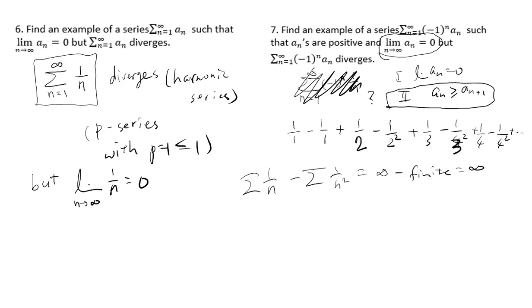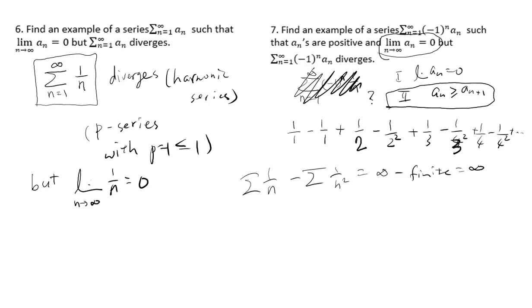And another thing that we see is that this violates the second condition because 1 over 2 is less than 1 over 1, but over here 1/3 is bigger than 1 over 4. So it doesn't satisfy this condition. That's why it manages to be an alternating series and yet goes to infinity.